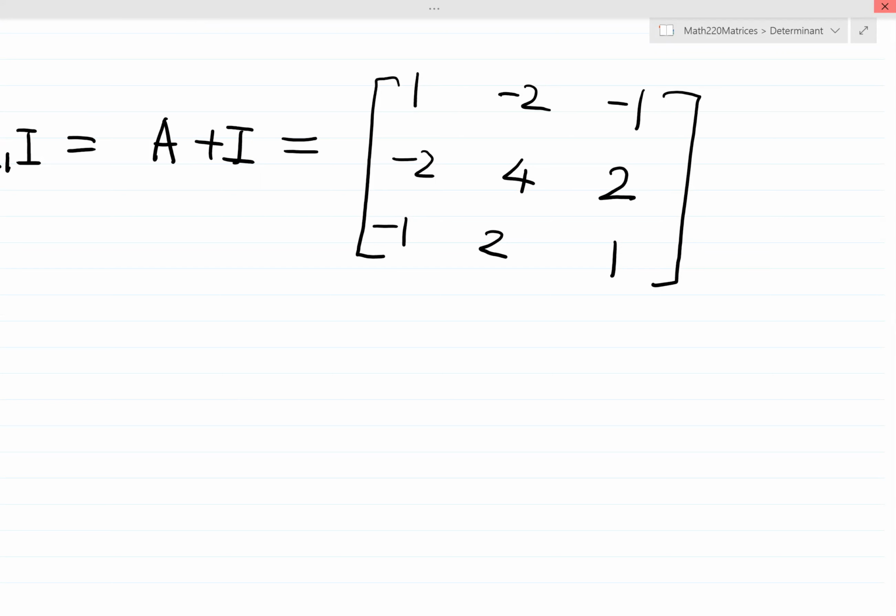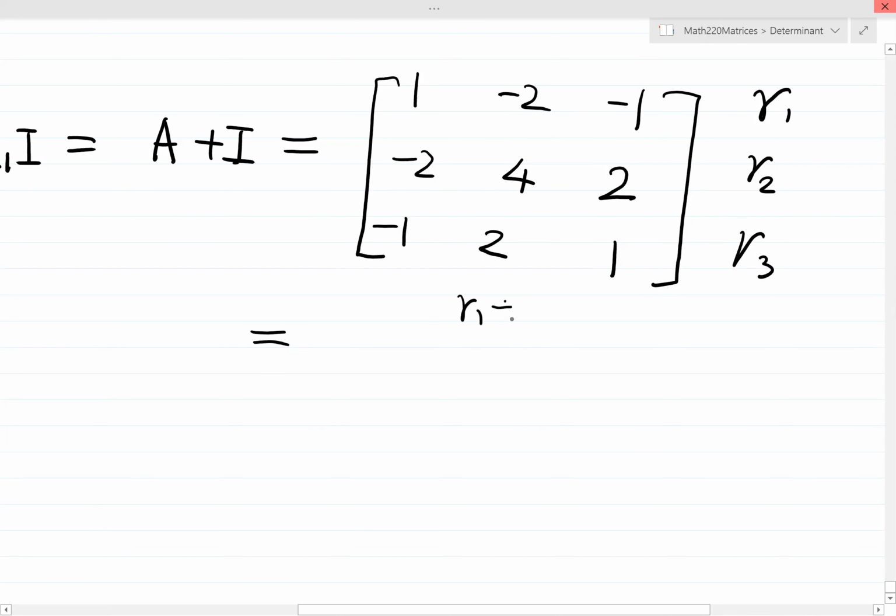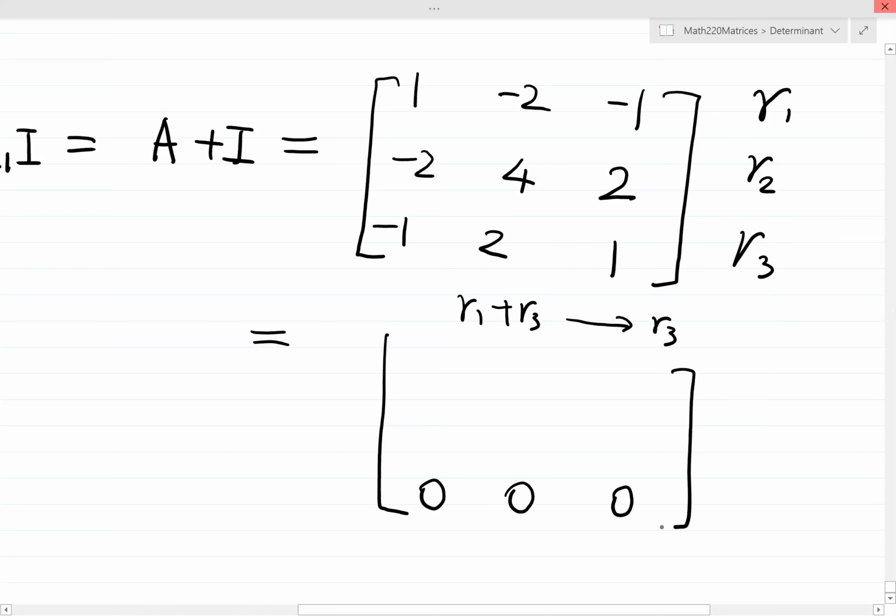First of all, this is row 1, row 2, row 3. Now if we add row 1 to row 3, row 3 will be negative 1 plus 1, 0, 2 plus negative 2, 0, 1 plus negative 1, 0.